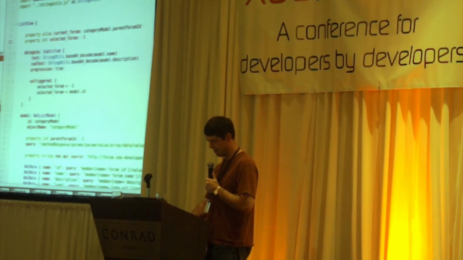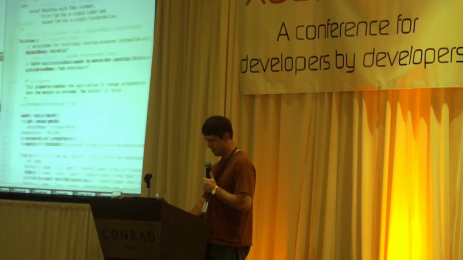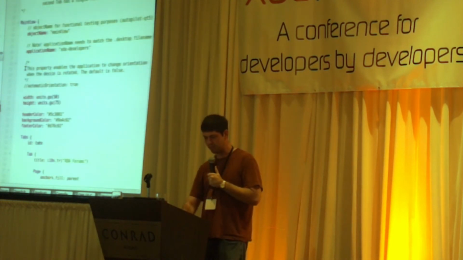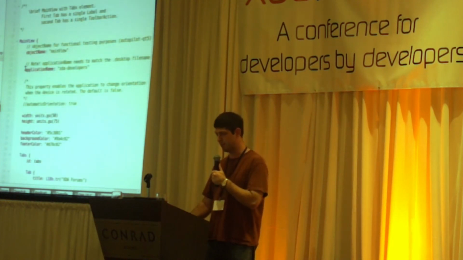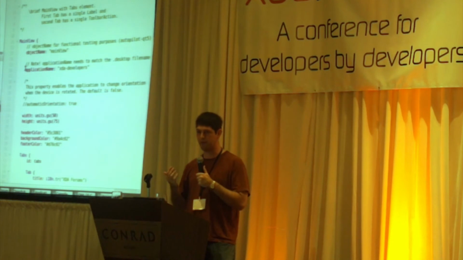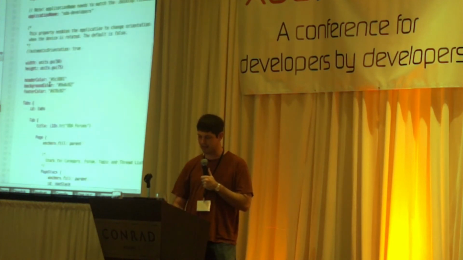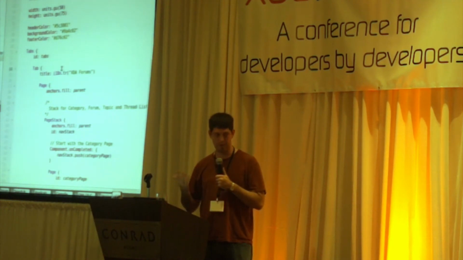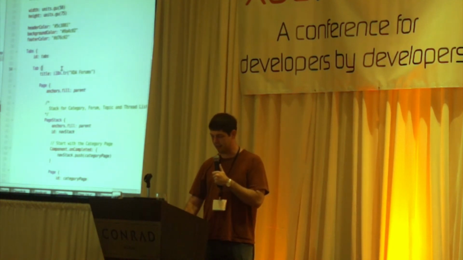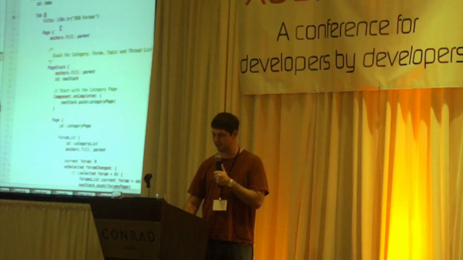The next thing I had to do, now that I had my form list model component, was put it in the app itself. What I got from the template the first time was this main view component, which is the top level for a QML application. Then I had a tabs component with a couple of tabs already, and inside each tab you start with a page.